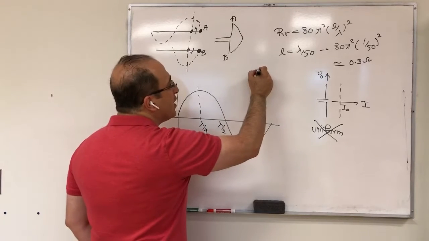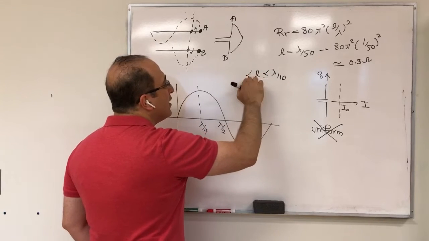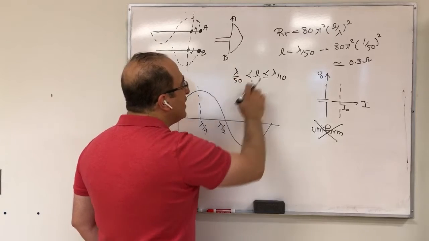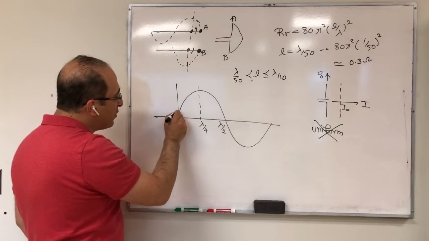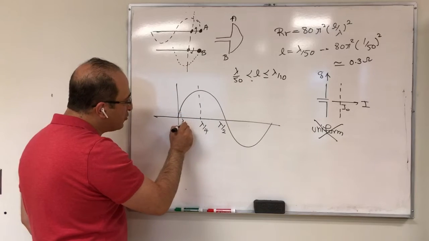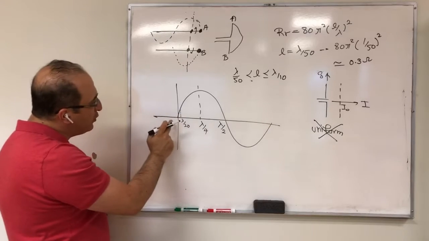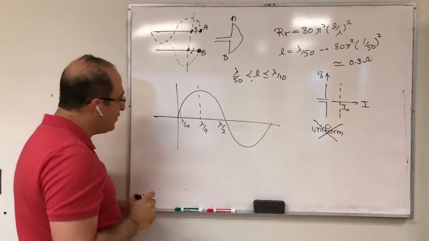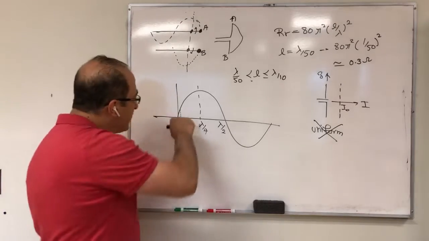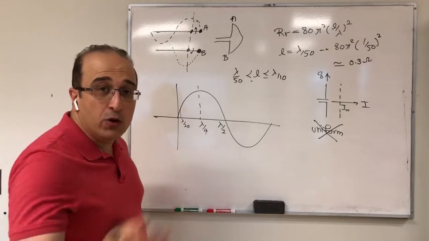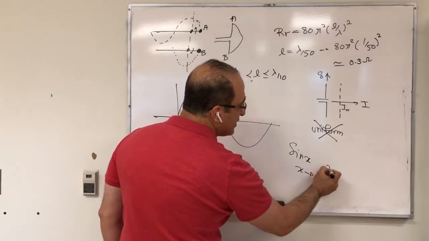And remember, what was the size of a small dipole? Between lambda by 50 and lambda by 10. If the total length is lambda by 10, one arm maximum would be lambda by 20. So let's assume this is lambda by 20. If this is lambda by 20, I only need a small portion. And if you look at this small portion, you see that at the beginning the sine is almost like a straight line. You know from mathematics that sine of x, when x goes to 0, is the same as x.